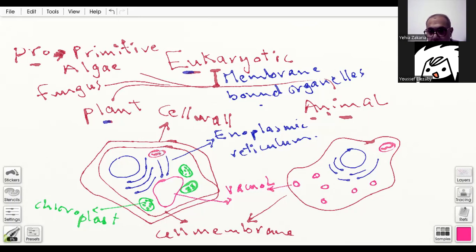Mitochondria are for energy production, considered the lung of the cell, using respiration to produce energy.